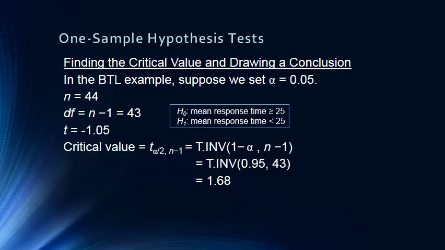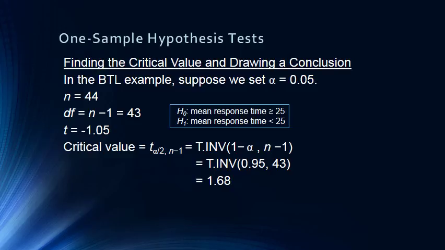So the critical value will be calculated by the formula equals T.INV(1 minus alpha, n minus 1). Those are the values it will request. Alpha, as you said, is 0.05, so 1 minus that equals 0.95. N minus 1, which is the degree of freedom, equals 43. When we calculate that, we get the result of 1.68.